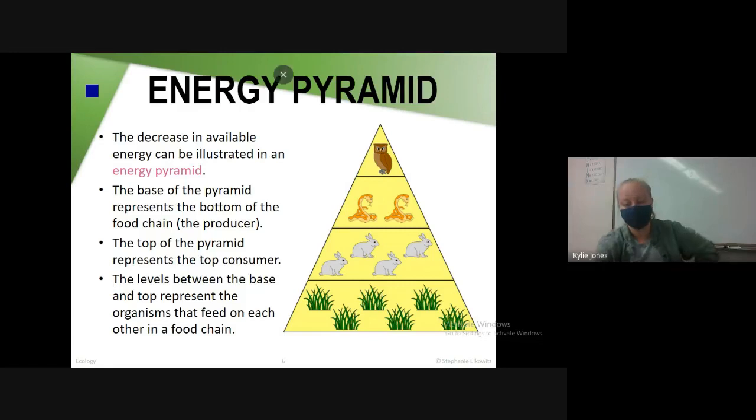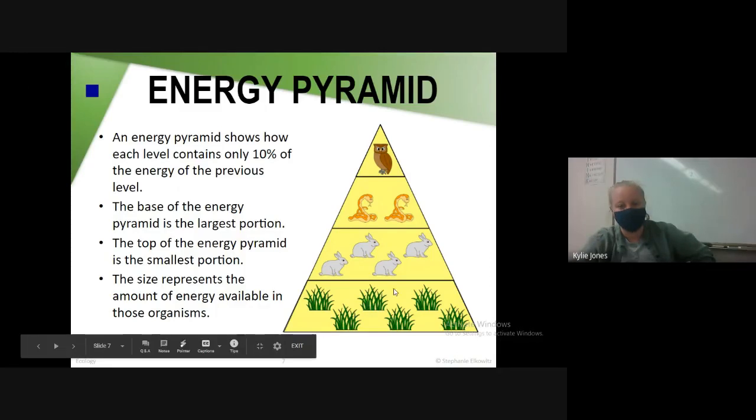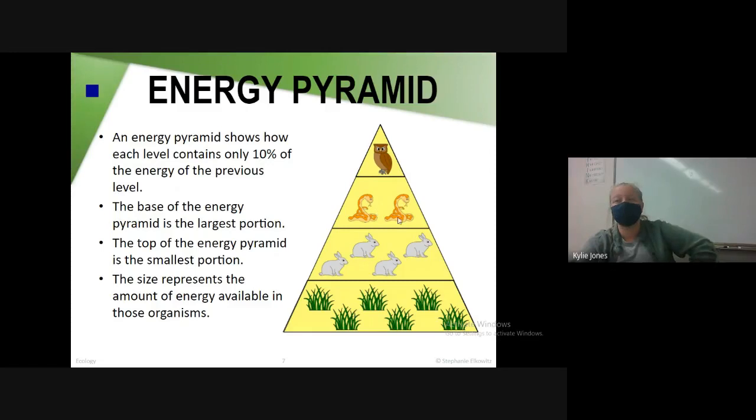Alrighty. Next slide. The energy pyramid will show each level that contains only 10% of the previous level. So if you're thinking about the base of the pyramid, this is your 100% of the energy. The second level of the pyramid is 10% of the energy left over. The third level is 1% of the energy left over, and the top level is 0.1% of the energy.